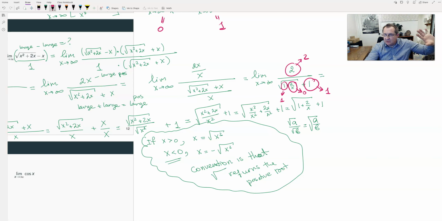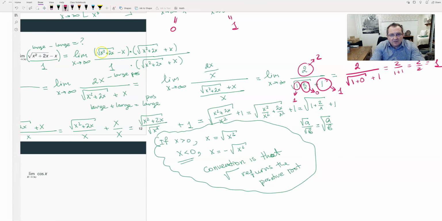Overall, using the limit laws and, as a matter of fact, the property that square root is a continuous function, we conclude that the answer is 2 over square root of 1 plus 0, plus 1. After simplification, we have 2 over 1 plus 1, equals 2 over 2, equals 1. So as a matter of fact, the limit of that expression is equal to 1.